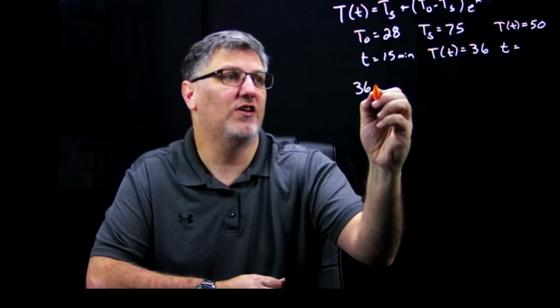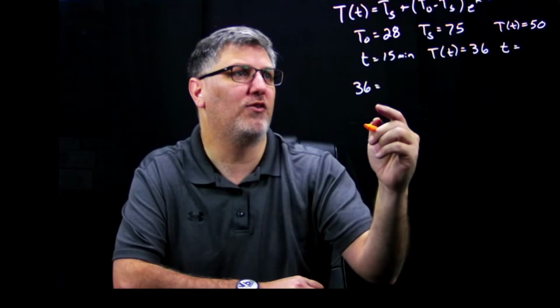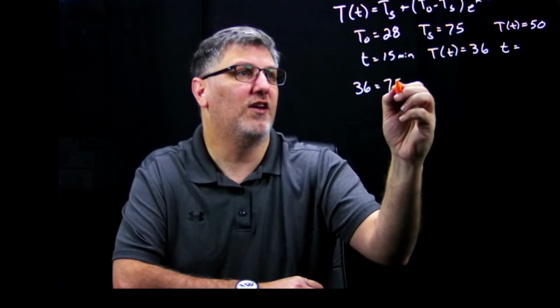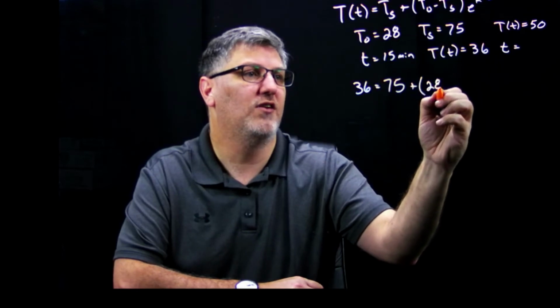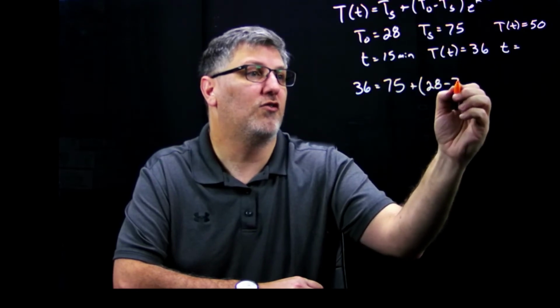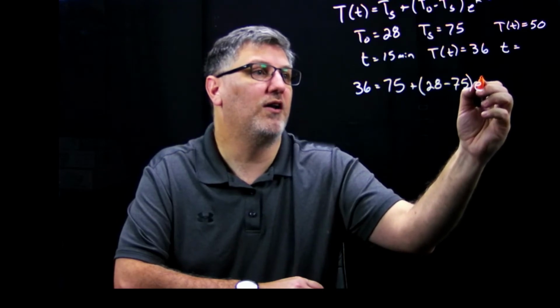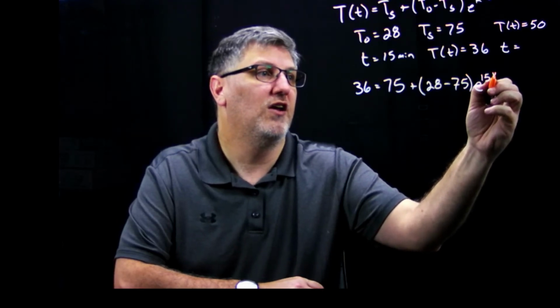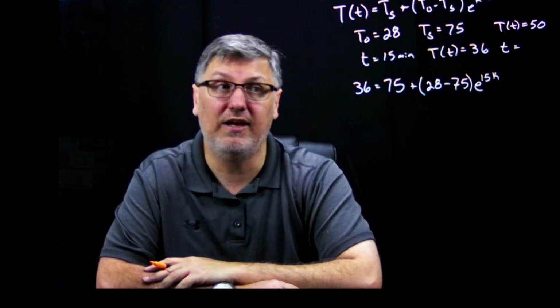I have 36 equals my temperature of my surrounding is 75 plus my T naught's 28 minus the temperature of my surrounding, 75, e to my, let's do 15k, because my t is 15 and I don't know k. So I need to solve for k here.